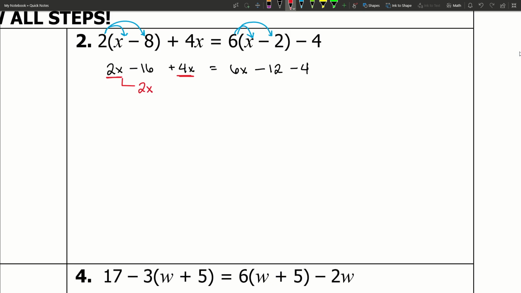because they're both x. This is a plus 2x since there's not a sign out front, and this is a plus 4. And 2 plus 4 gives me 6. I can do the same thing on the other side, but on this side, I have a negative 12 and negative 4.